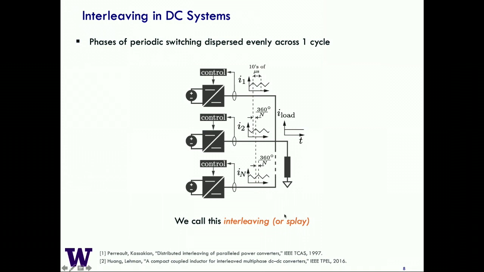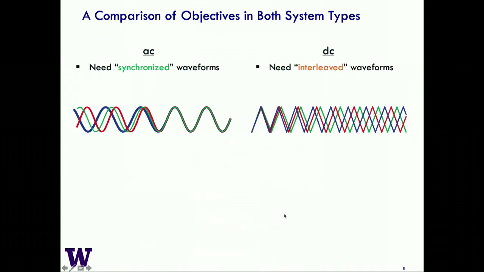Okay, so if you just look at these two cases side by side, they almost have this opposite and different nature to them. So in the AC case, we want things to move together as one. And then in the DC case, we want them to kind of do anti-synchronization, which I call interleaving. And some people in the control systems world call this splay.